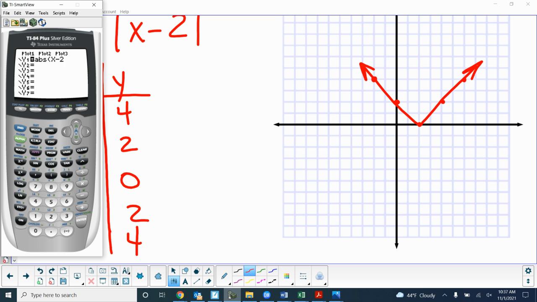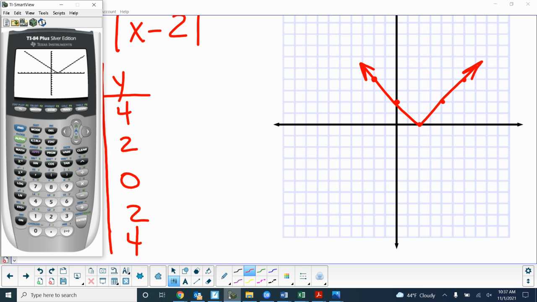Now mine, I have to hit the parenthesis to close up the absolute value. Some of you with the newer ones will get the straight lines for you. So it depends how new your calculator is. Hit enter, hit graph, and then you'll see your V.